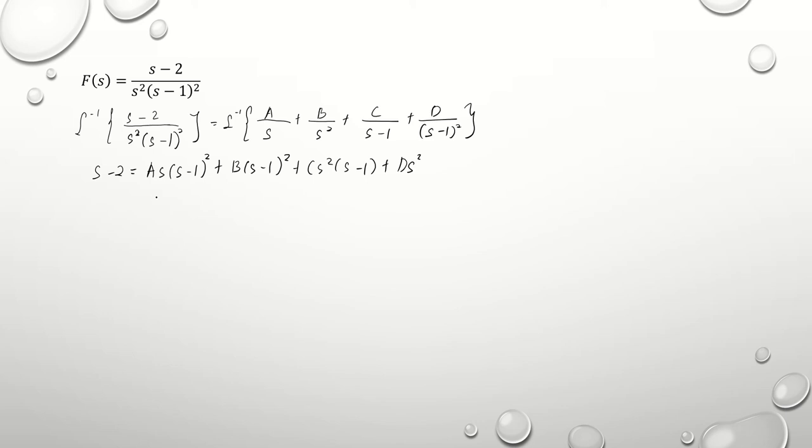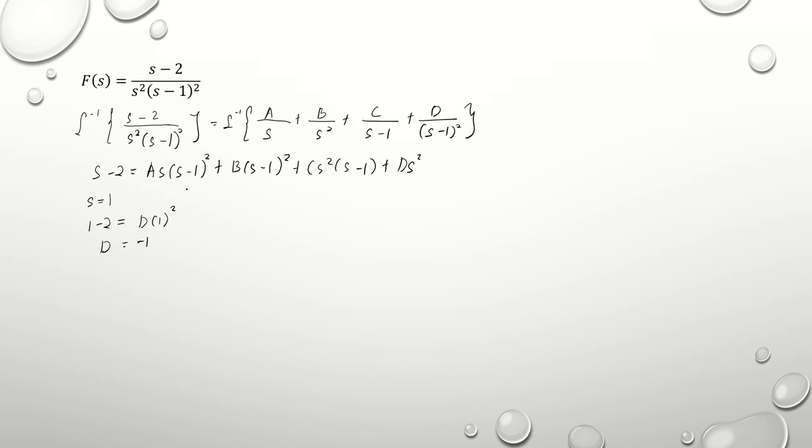When your s is equal to 1, you will get the answer for D. So when s equal to 1, this one becomes 1 minus 2 equal to 0, 0, 0 and D power of 2. So your D is negative 1.